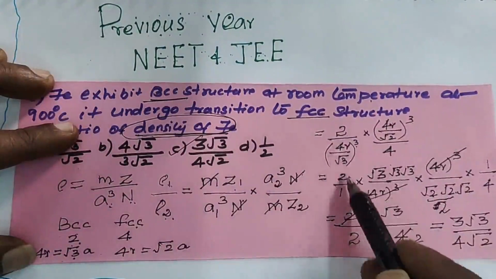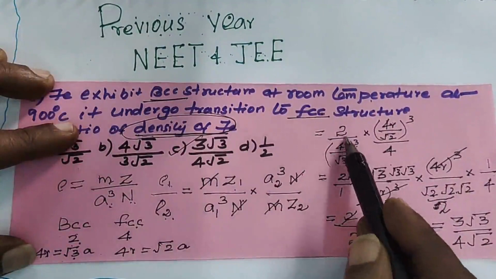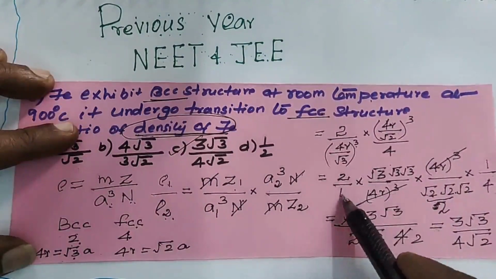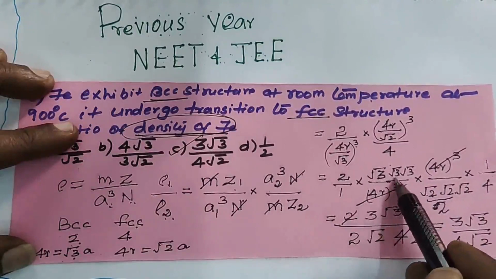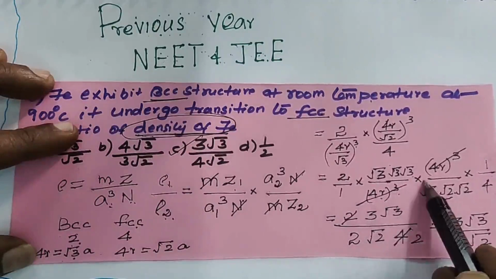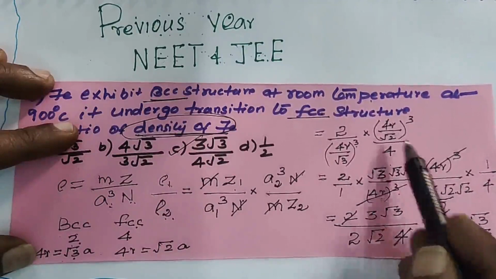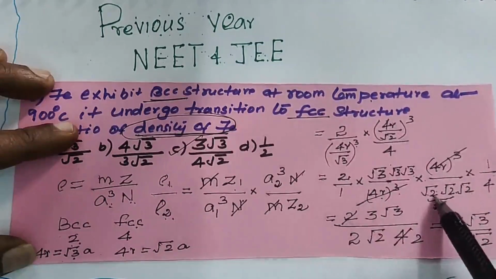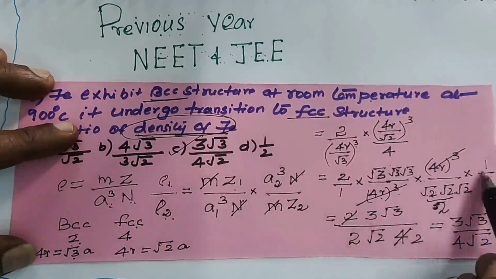So 2 by 1, calculation is very important. The denominator we take the reciprocal, so that is root 3 divided by 4r the whole cube into 4r the whole cube and root 2 the whole cube. Here it is 4 by 1, so 1 by 4.